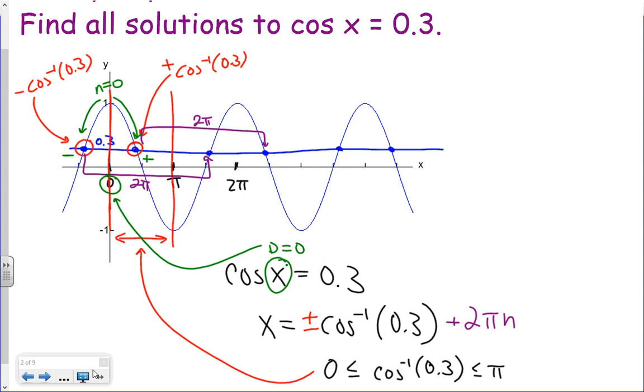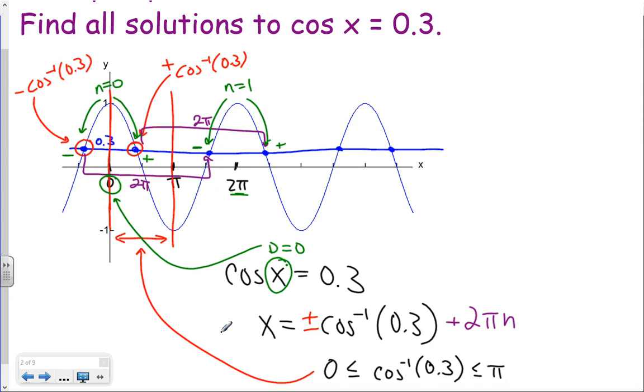If you move forward with n equal 1, that means you're moving forward one period, which means that you'd be now at this value. You'd be looking at 2 pi and looking at the solutions around it. If you look at the solution off to the left, that's going to be the negative cosine inverse solution, and the solution that you see off to the right is the positive cosine inverse solution.